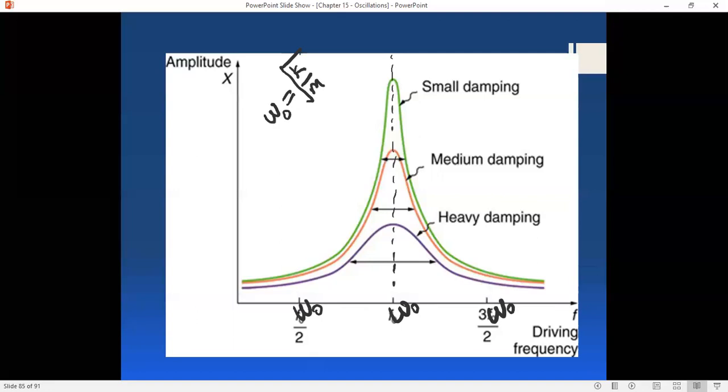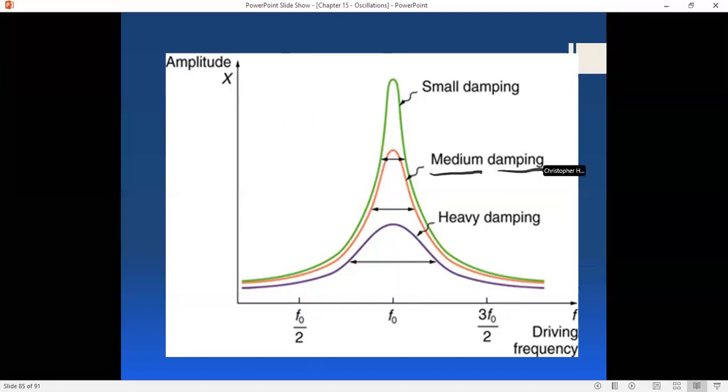Now, for some systems, there's not much damping. Here, what we get is a very sharp peak where at a very particular frequency, that object's going to oscillate very hard, but not so much at other frequencies. The strange thing about the damping, however, is as we increase the damping, it really affects the amplitude a lot at resonance, but not so much at other frequencies.